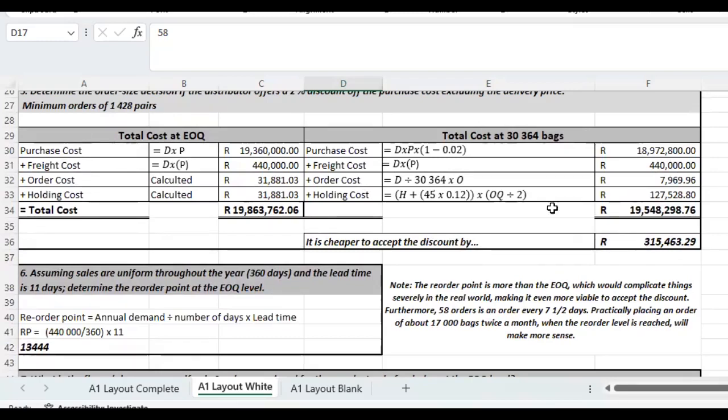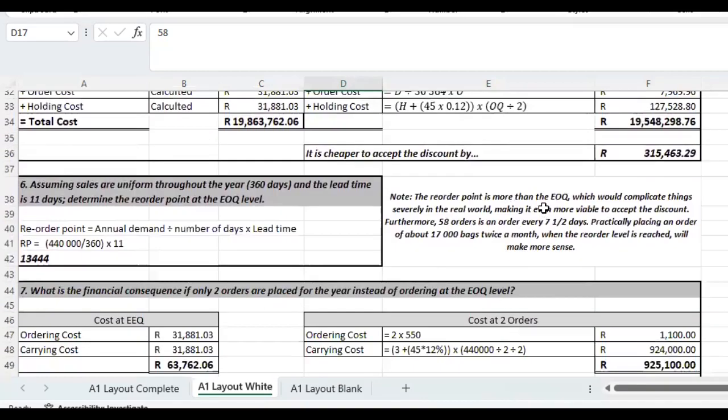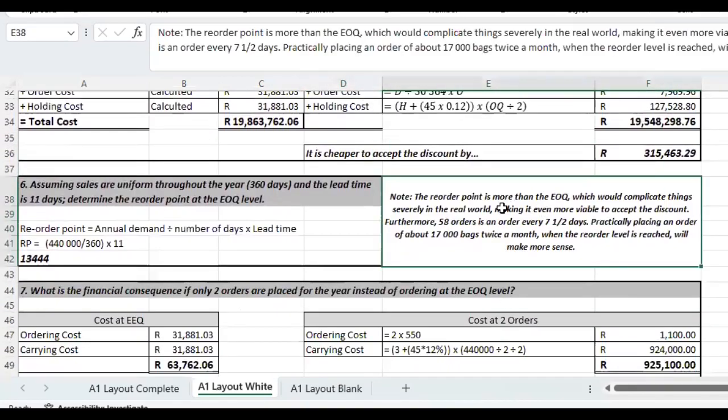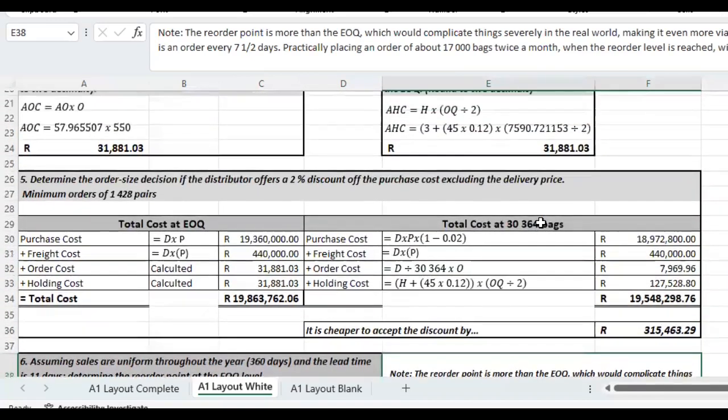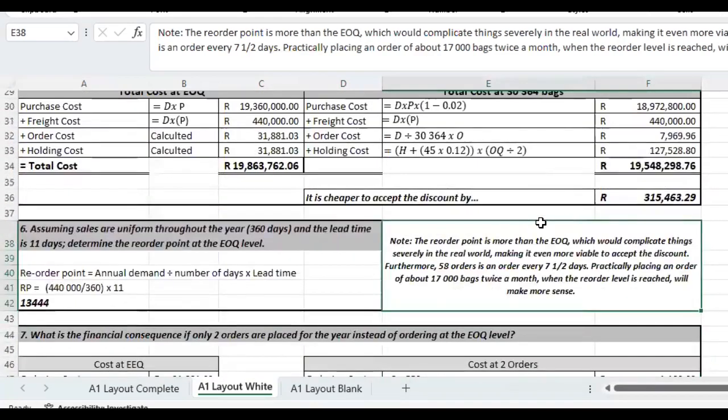We can accept it, and it will be less than our cost at economic order quantity. Okay, that's great. If you can't, I think the best way to do it is if we order 17,000 bags twice a month. So please remember, the calculations is one thing, common sense is another thing, and really to be a good cost accountant, you need to be able to do both.